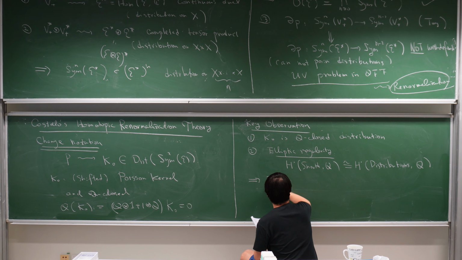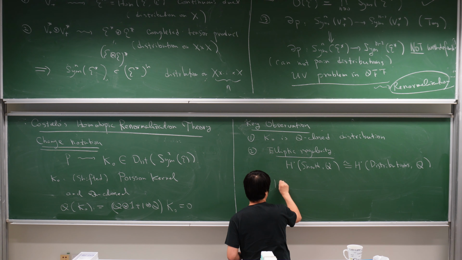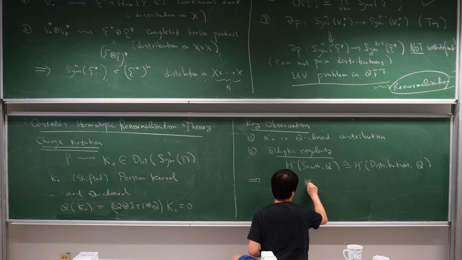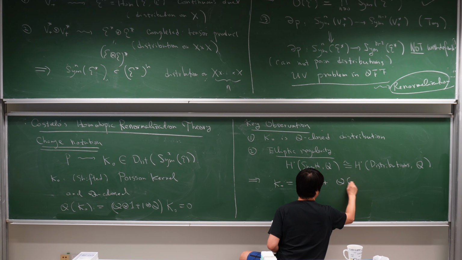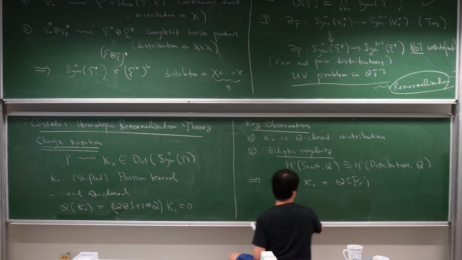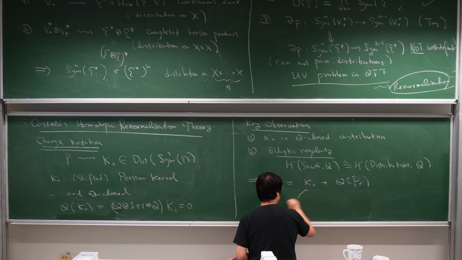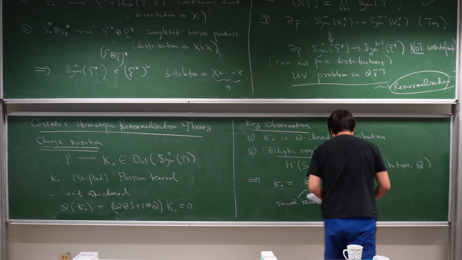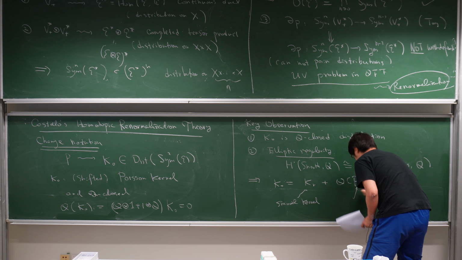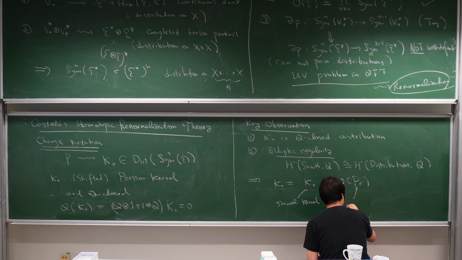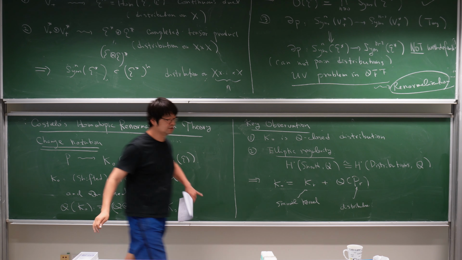So let me write it in such a way. K0 can be written as KR plus Q of something. Now this guy, KR, is a smooth kernel, and this one is a distribution, but somehow they make this equation hold.